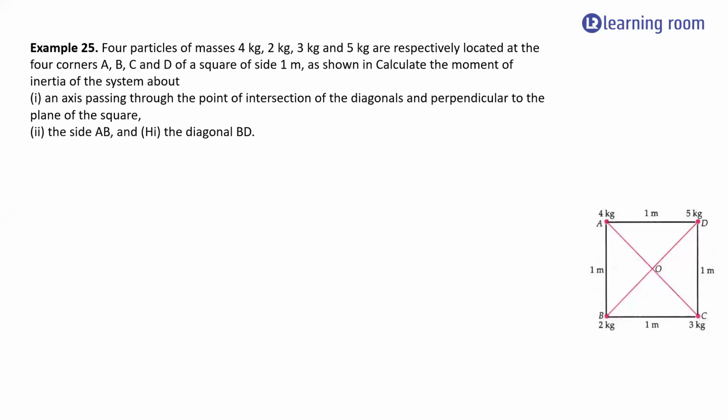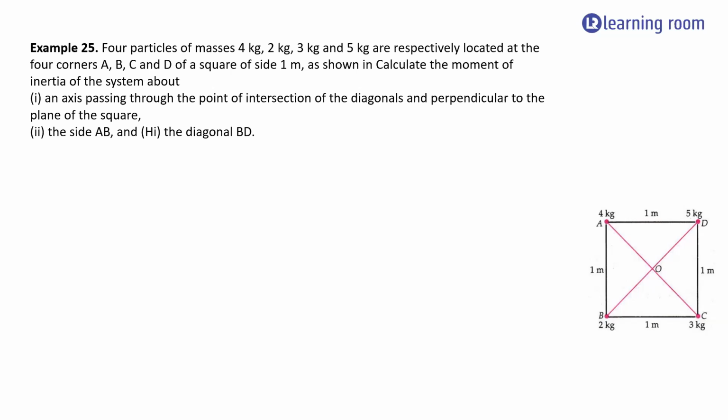perpendicular axis theorem. So when you have a two-dimensional shape, if you need to find the moment of inertia about an axis which is perpendicular to the plane, that will be equal to the sum of moments of inertia about two other axes in the plane of the shape.